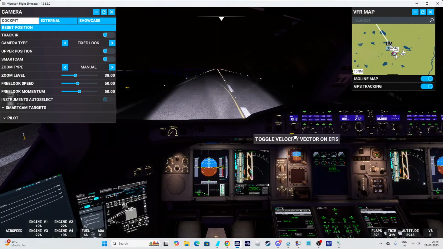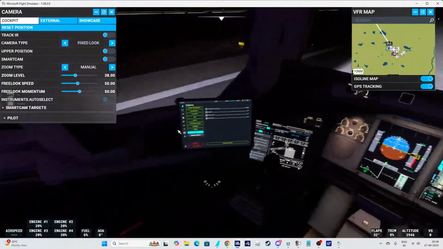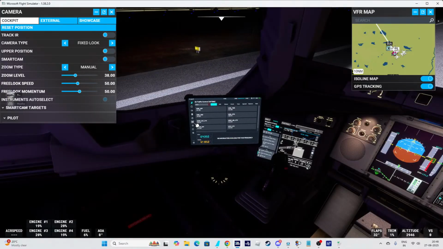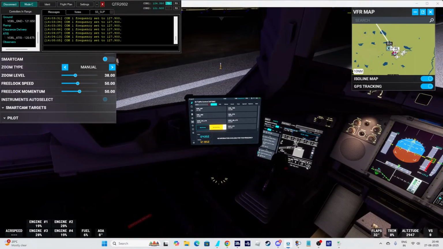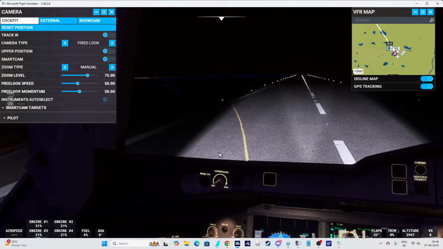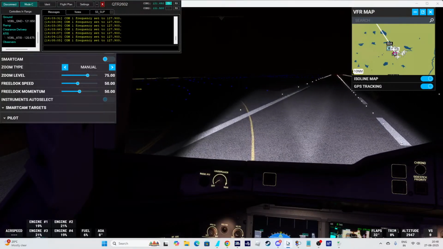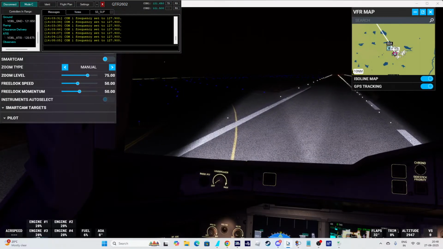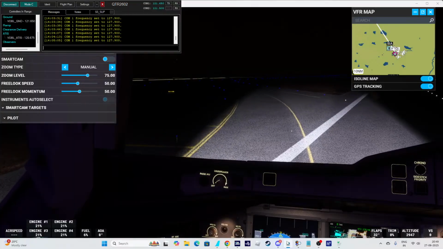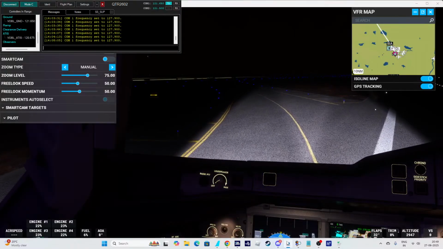Qatari 2602, vacate Alpha 8, contact ground 121.650. Bye bye. Wait, could you repeat the frequency for ground? Sir, frequency 121.650. 121.650, Qatari 2602. Qatari 2602, just checking in.